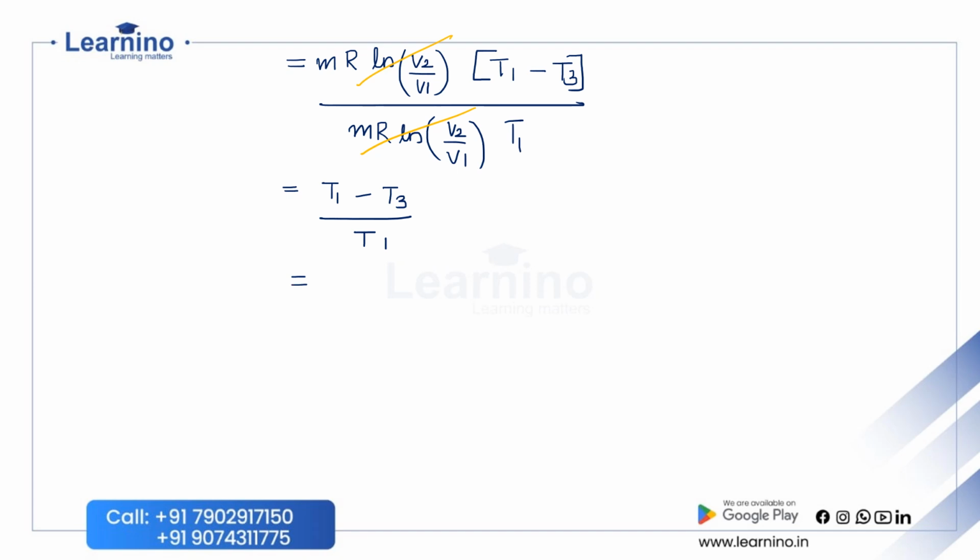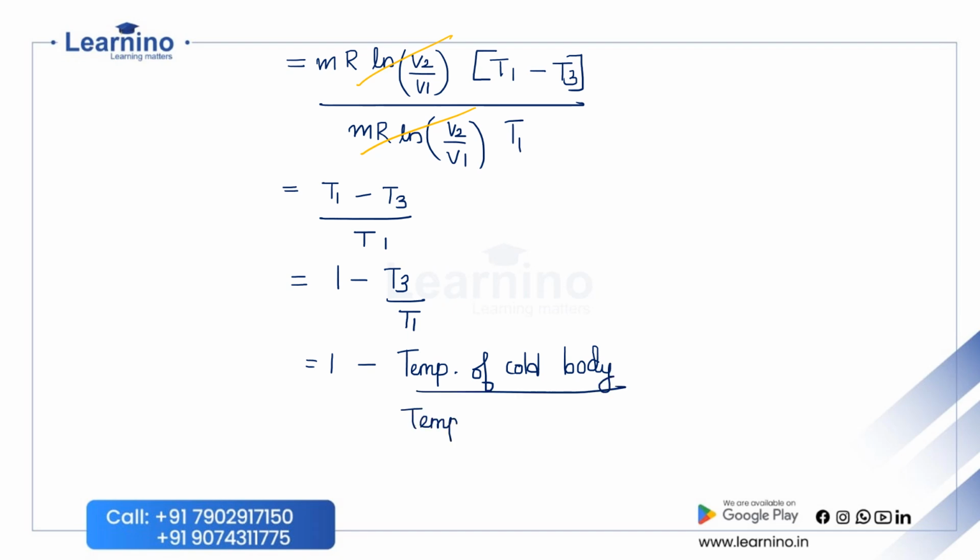I can write this as 1 minus T3 by T1, where T3 is the temperature of the cold body and T1 is the temperature of the hot body. And this is the expression for efficiency of the Carnot cycle.